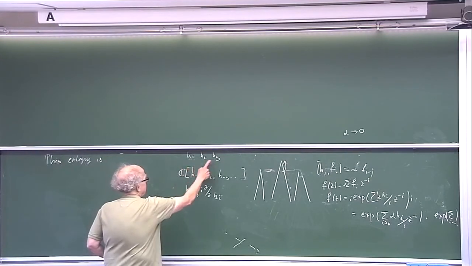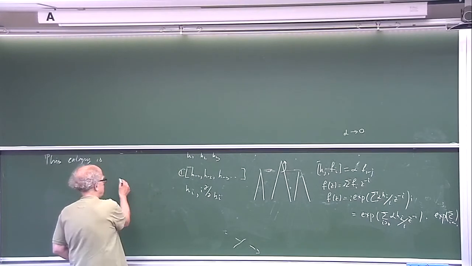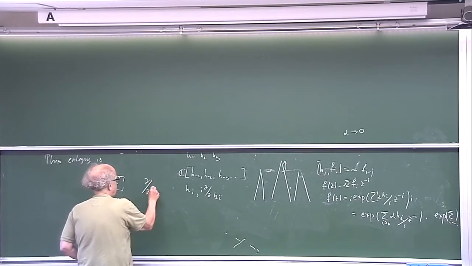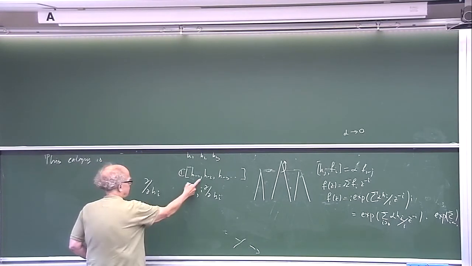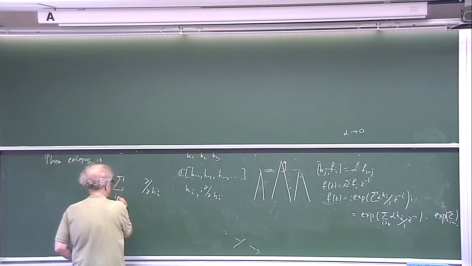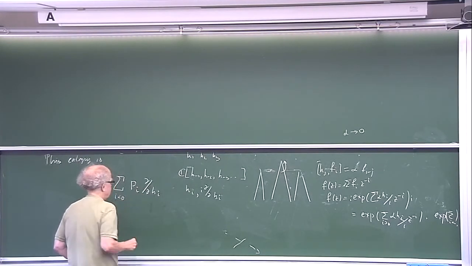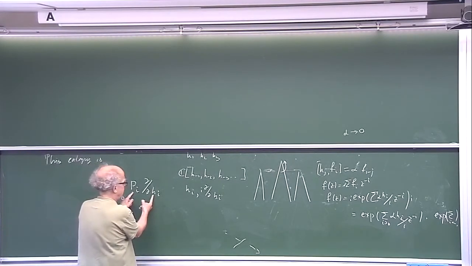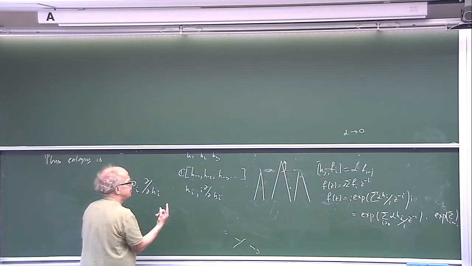From this point of view, our operator will be the following. This is the sum of d over dh_i, where i is negative, and here is some polynomial pi_i. Yes, and I want this expression to have degree -1.